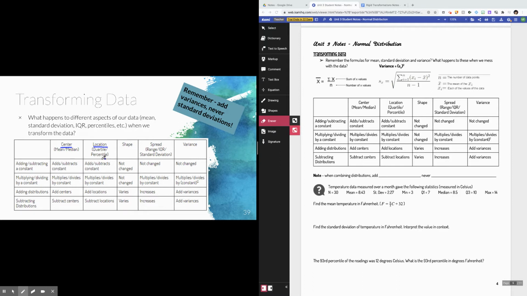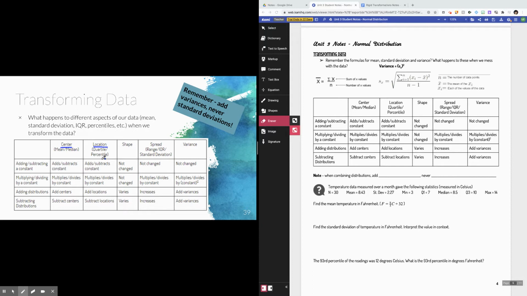If you add or subtract a constant to your whole data set, you're essentially taking your data set and moving it along the x-axis, either to the right if you're adding a number, or to the left if you're subtracting a number.